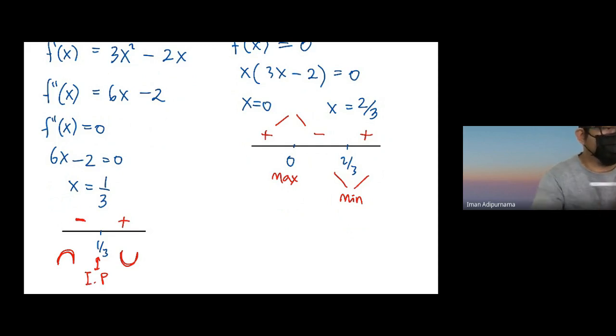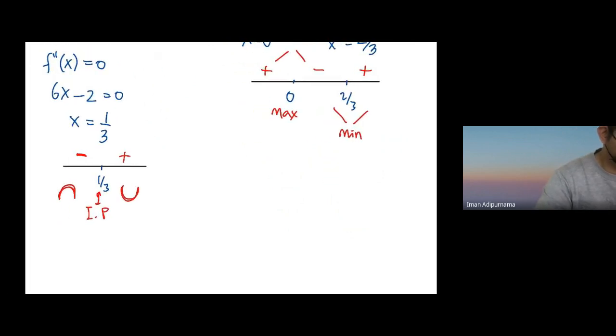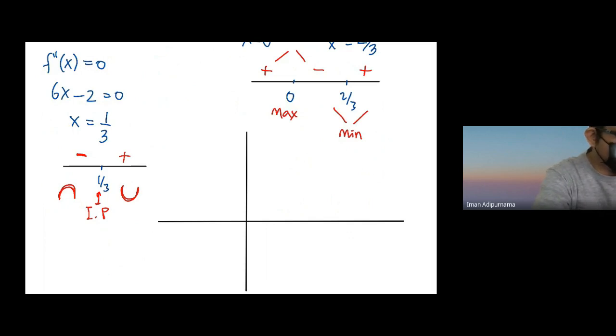Okay, now how to graph the curve? You want to graph, maybe we can sketch first the axes, sketch Y, sketch X. And then you see the necessary points, let's say x is 0, and then let's say this is 1. So we will have 1/3 here, 2/3 here.